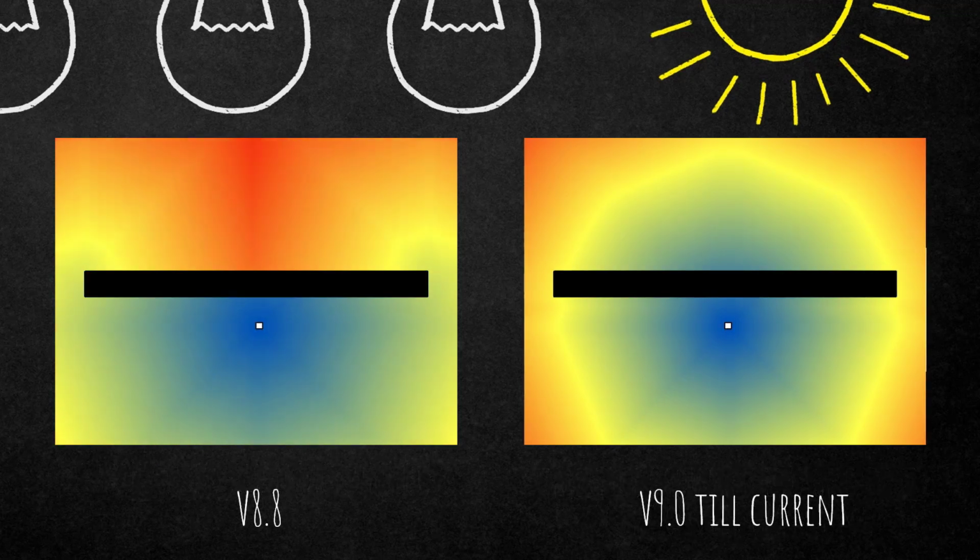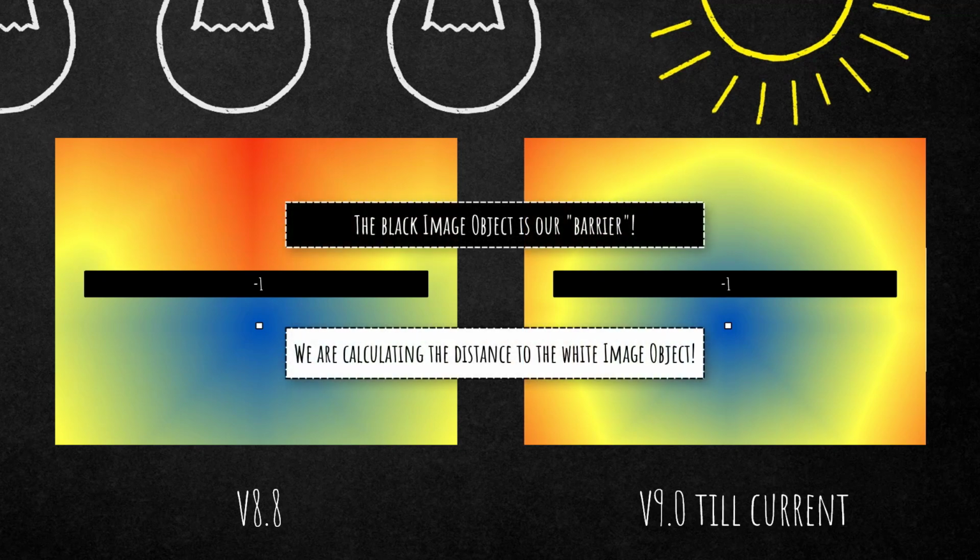You also can choose if you want to use the current or the latest version of this algorithm or the version 8.8 algorithm. And actually, if you use the version 8.8, you get different results compared to the current or the latest one. You see here the same example that I showed you on the previous slide. So we define in the domain that it shouldn't calculate the distance within that squared image object here that is blackened out.